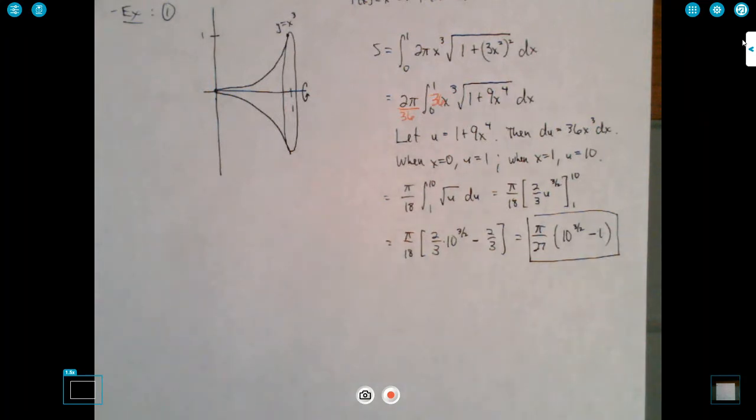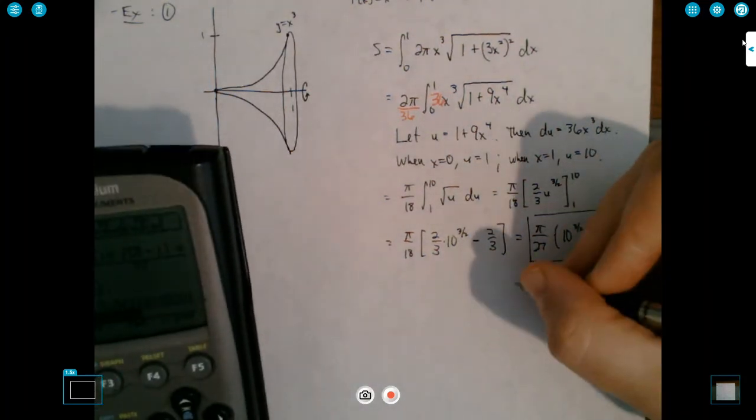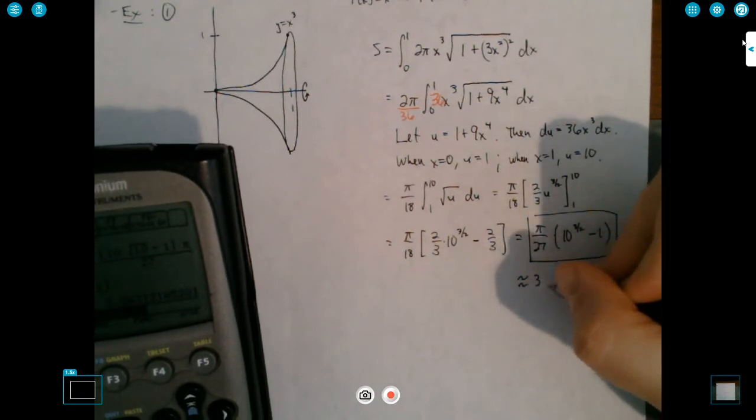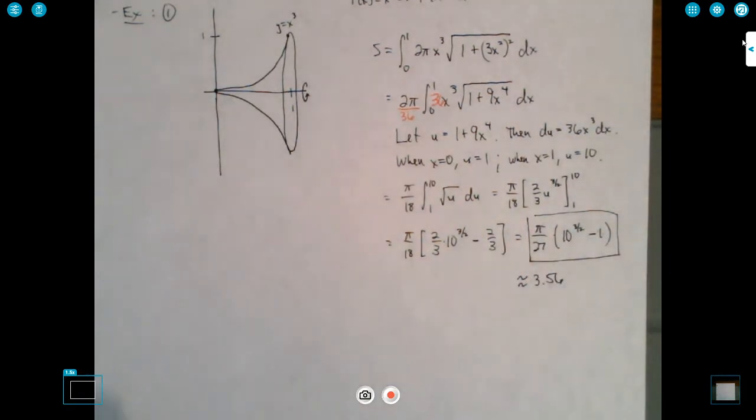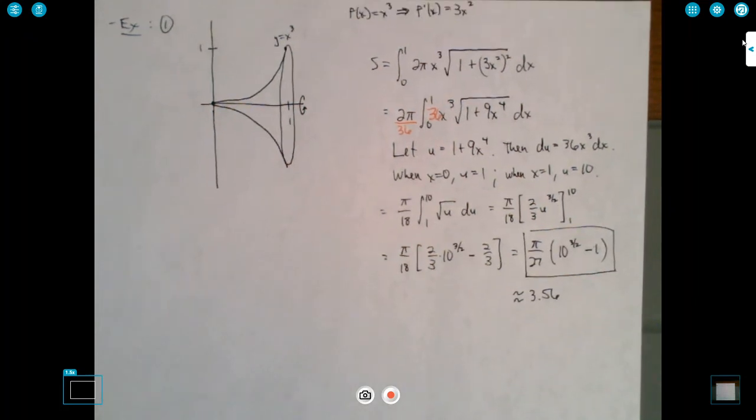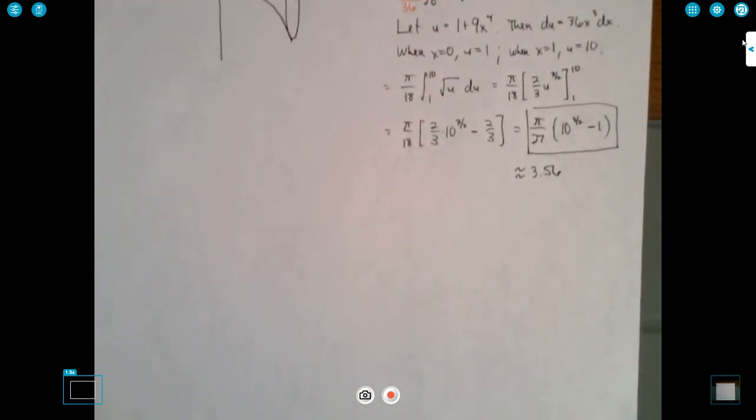So that's about 3.56. Okay. By the way, if you ever do any rounding, you need to use approximate signs. Don't say that this equals 3.56 because it doesn't, right? They're not equal. But they're approximately the same.